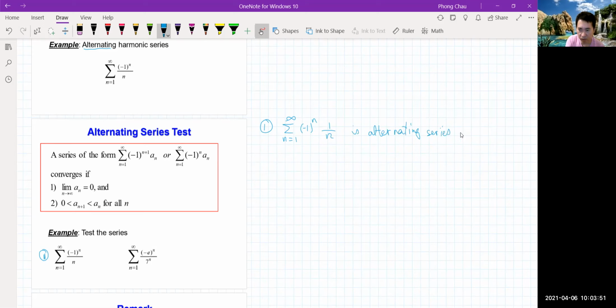When I say alternating series, I need to identify the a sub n. So a sub n in this case is 1 over n. Then we're going to proceed to check two conditions.